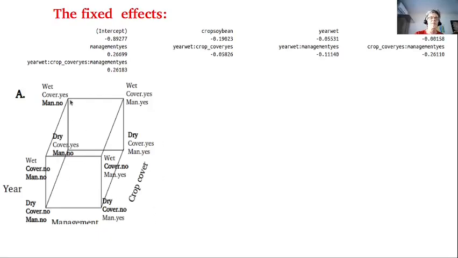So in the vertices of each of this cube, we have the combinations of levels of each of the explanatory variables. So I'm going to show how to actually obtain the predicted mean for each of these combinations of levels of all these explanatory variables that have single effects, pairwise interactions, and third order interactions.